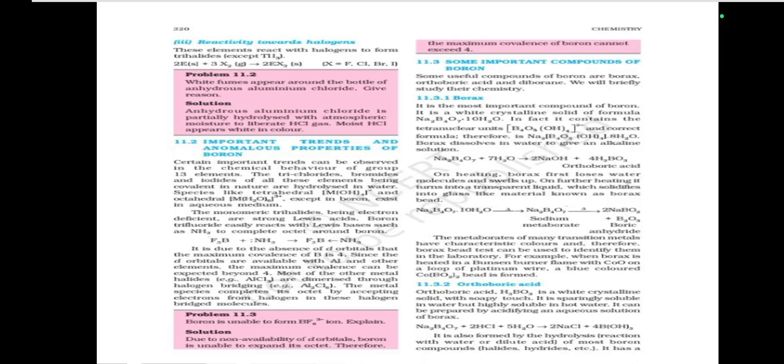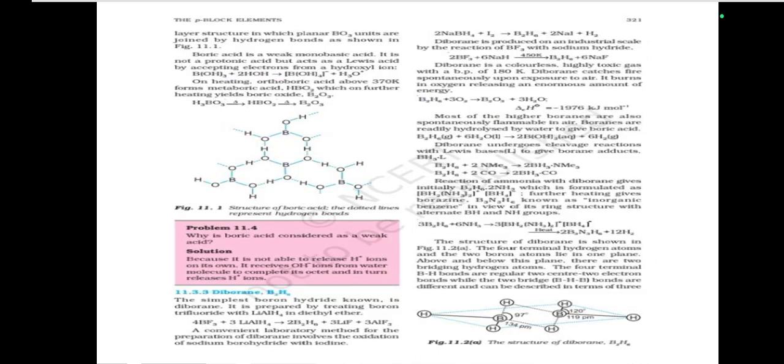It is also formed by the hydrolysis, with water or dilute acid, of most boron compounds, halides, hydrides, etc. It has a layer structure in which planar BO3 units are joined by hydrogen bonds as shown in the figure.